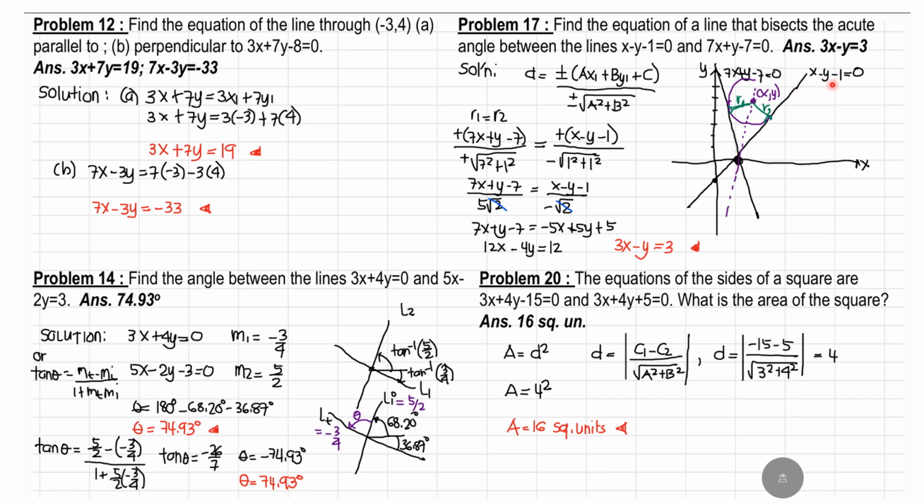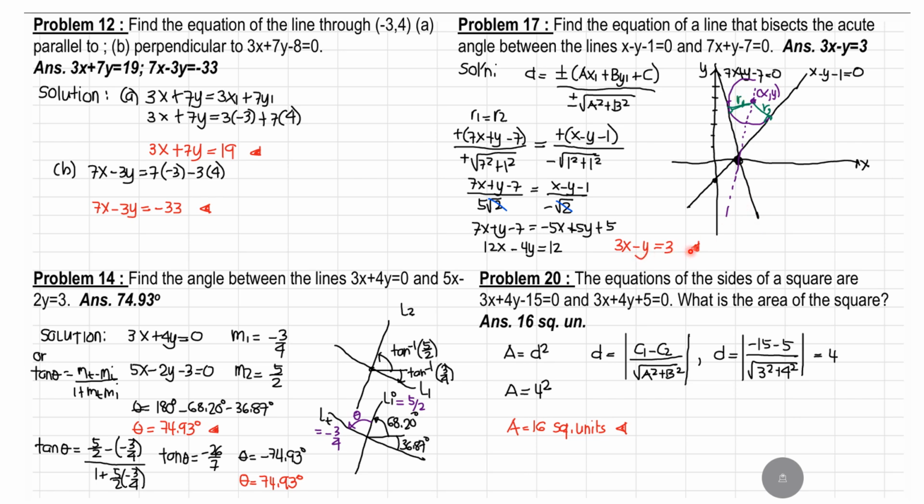Then this one, when y is 0, x is 1, right? Then when x is 0, y is negative 1. That's why this is the graph of x minus y minus 1 equals 0. Earlier, when y is 0, x is 1, and when x is 0, y is positive 7 there. So that's why we connect them with straight line.